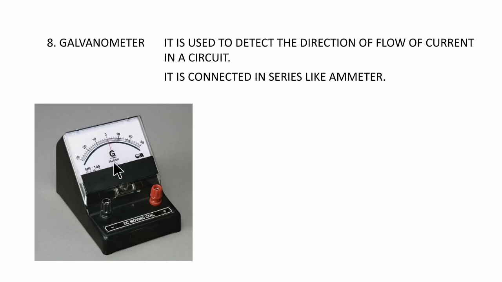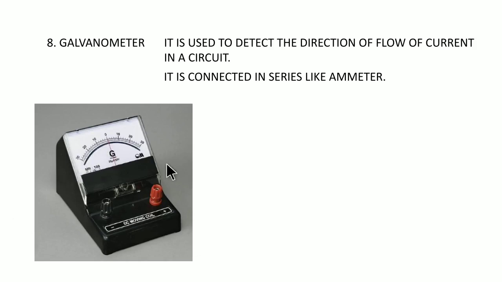So over here, if it is connected in series, and suppose there is a flow of current from this direction to this direction, then the small arrow will deflect towards the right, and if the current is flowing from this direction to this direction, then it will deflect towards the left.